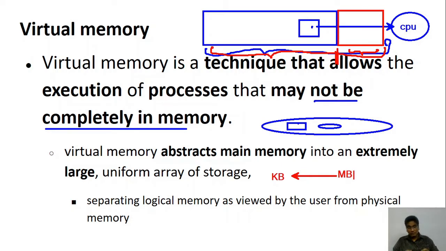So even though I have 1 KB of RAM, I can load a 1 MB program. Now you may ask, how is that possible? This is 1024 times larger. How can you load something which is 1024 times larger than the existing RAM? For that we use the technique called virtual memory.